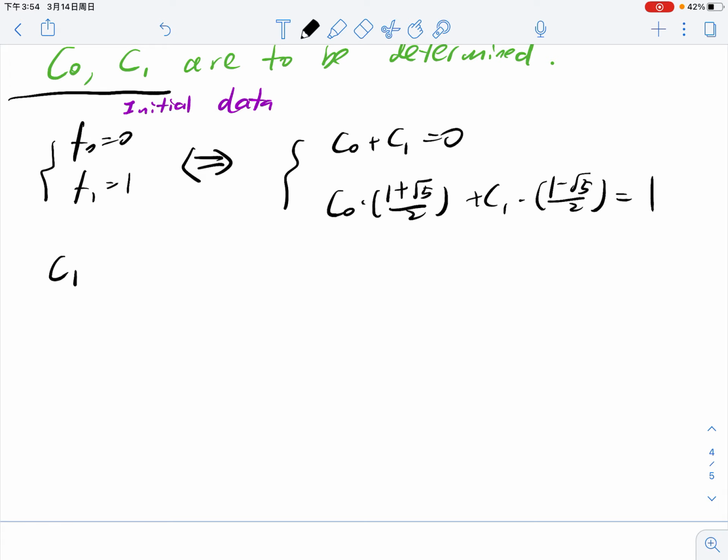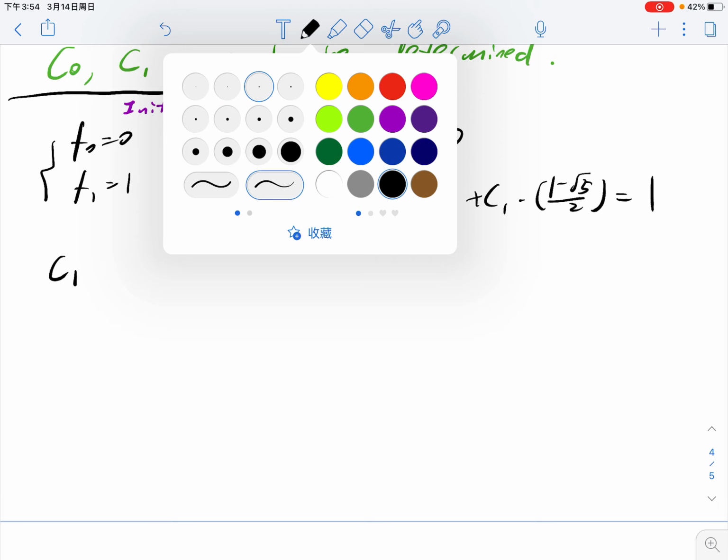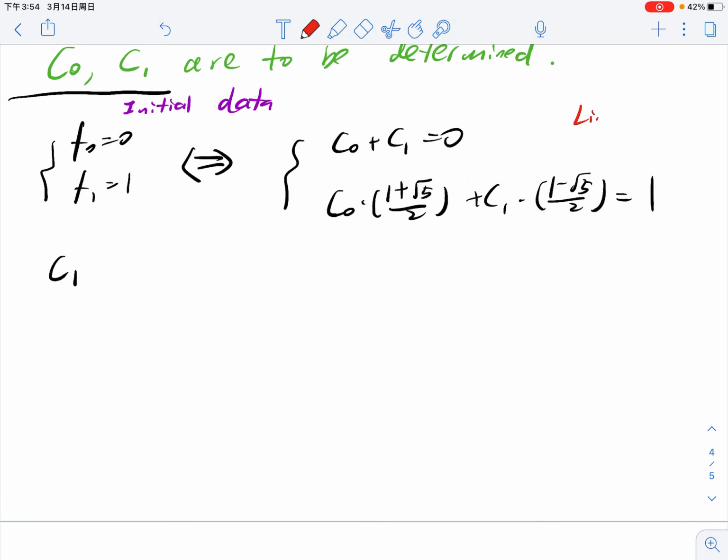And solve it. Let me make a remark. This is a system of linear equations, and you have a unique solution if and only if the Jacobi is non-zero.